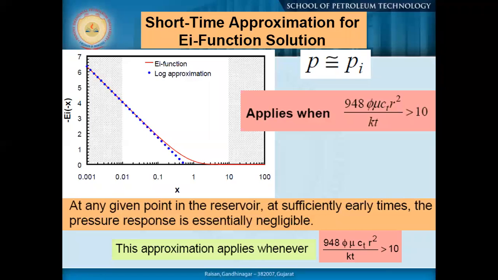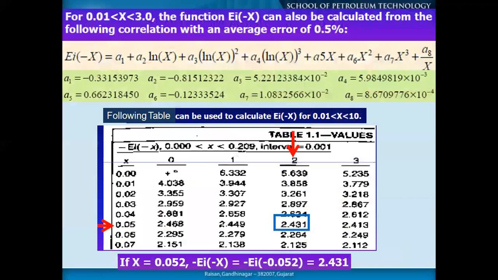So at that time we can consider P equal to Pi, meaning the pressure is considered to be the initial pressure. It has not yet been affected by the flow. Next is your in-between zone, when X is greater than 0.01 and less than 0.3, or maybe you can say 10.